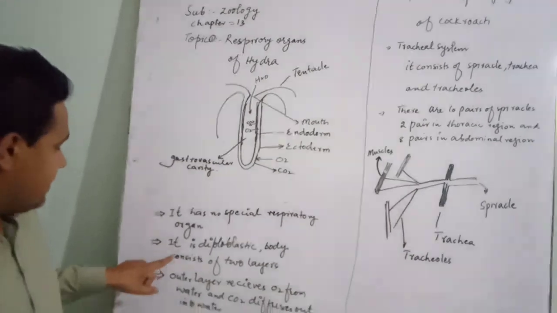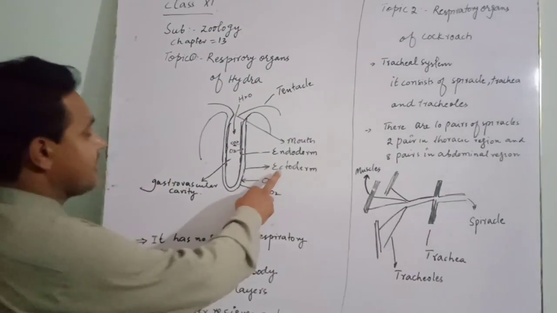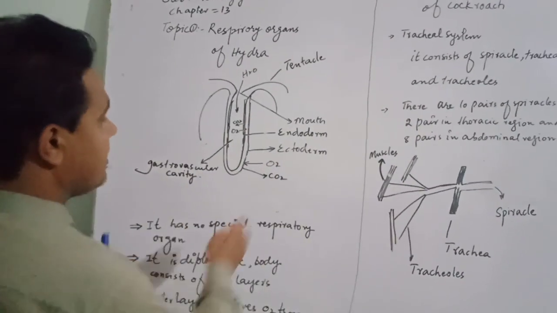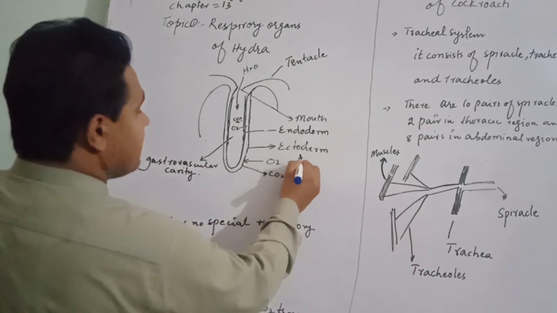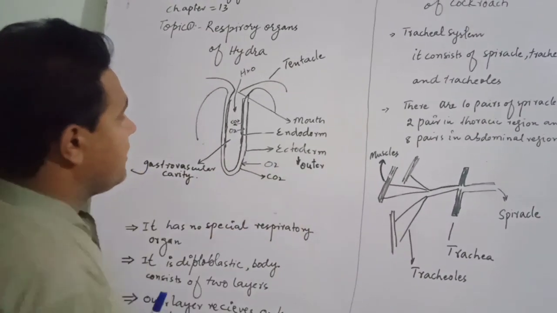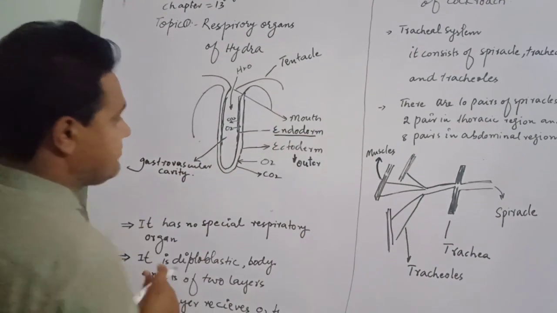and its body is composed of two layers. One is called ectoderm, the outer layer. And it has an inner layer called endoderm.